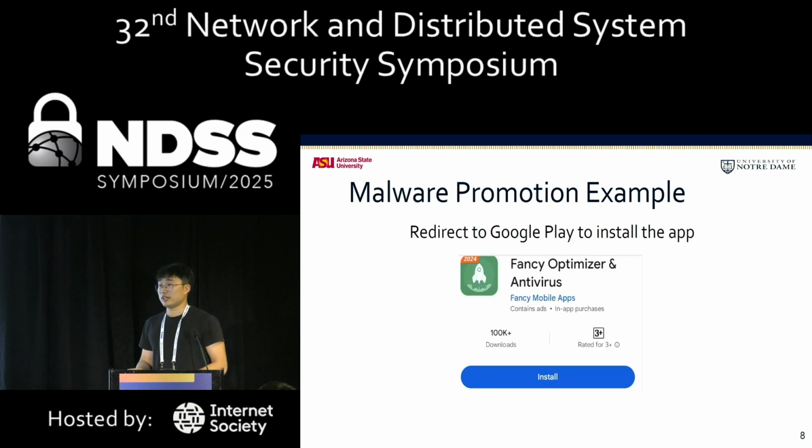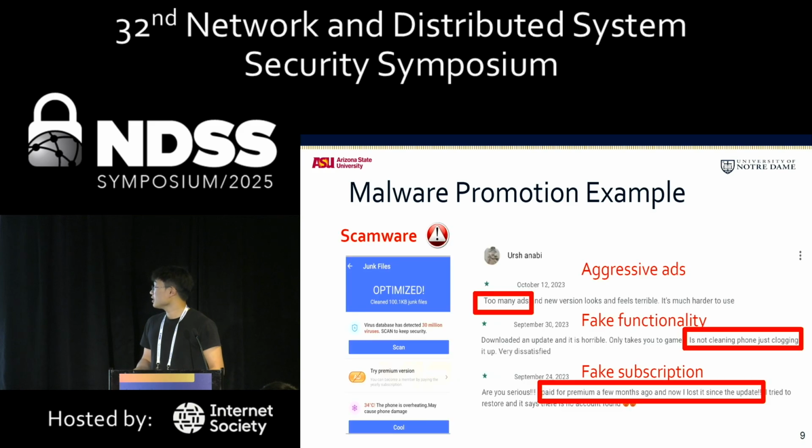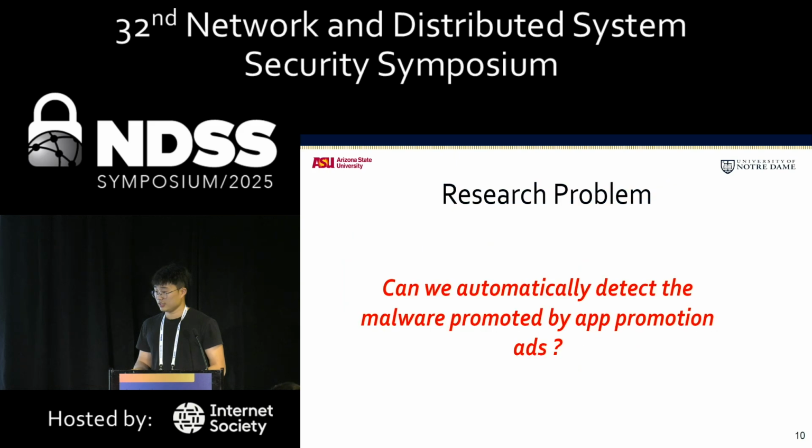You will be redirected to Google Play to install the app, which is very popular, downloaded more than 100,000 times. However, according to the Google reviews, this app is actually scamware. It contains aggressive ads, and it claims to be security software to clean your phone, but it actually does nothing but try to lure users to pay a subscription fee.